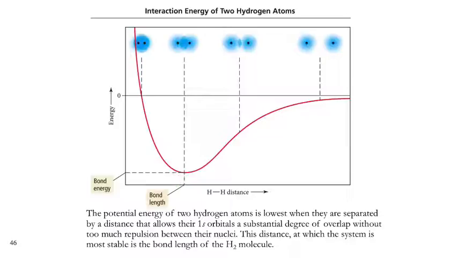Just like balls rolling down hills, these atoms are going to interact in a way that gives them the lowest energy. So here we have 2 hydrogen atoms approaching each other. As they get closer, the electrons of one are attracted to the nucleus of the other, and so there's a lowering of energy because of that attraction. At some point, we reach this minimum energy, and then if we push them together, they start to go up in energy again.